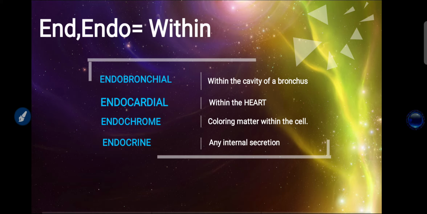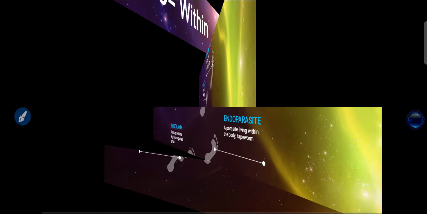If you go through biological terms, in the digestive system you can also find endocrinal glands that secrete some kind of juice or liquid. Some hormones are released or secreted from endocrinal glands. So endocrine means any internal secretion.